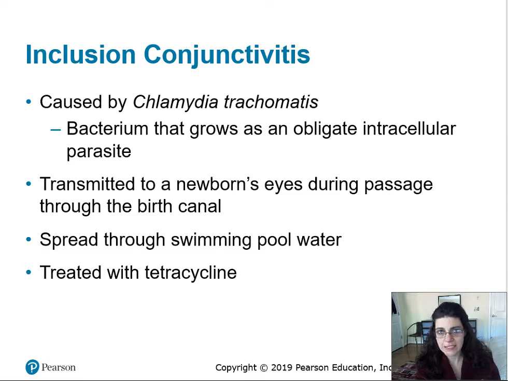It can infect lungs, nasopharynx. Remember where the back of the nose connects to your mouth? That's the nasopharynx. And this can be treated by antimicrobials and also prevented by antimicrobial drops.